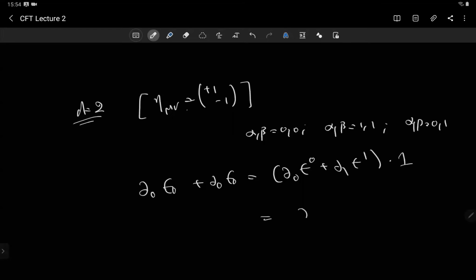I can write this epsilon 0 down, while this would become minus. So 2 times epsilon 0, the 1 cancels, and you get del 0 epsilon 0 plus del 1 epsilon 1 equal to 0.